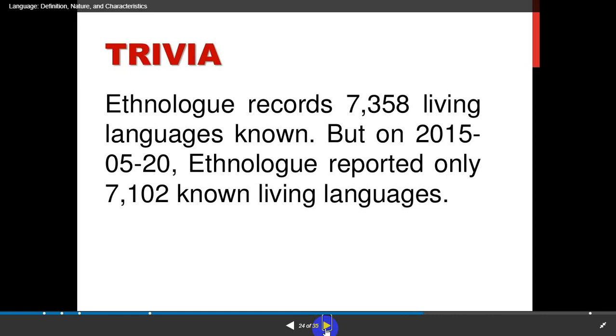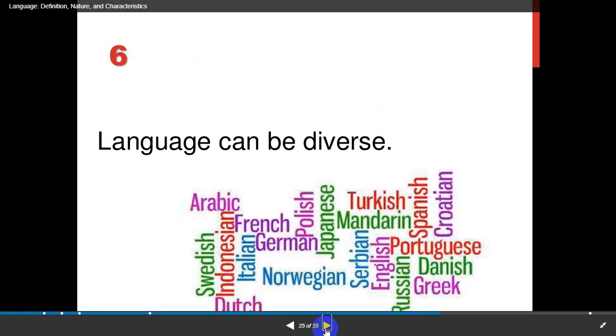So more than 200 languages died or became extinct. Okay, language can be diverse.